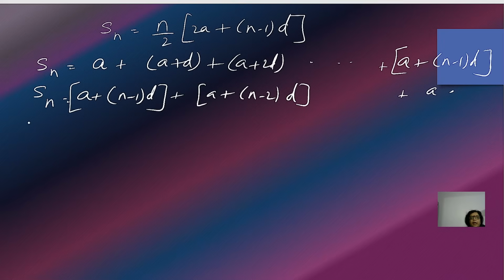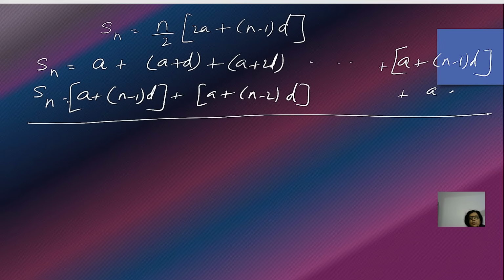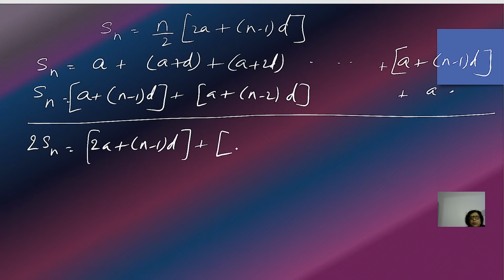So now if we add these two sequences term-wise, we'll get here 2Sn is equal to 2a plus n minus 1 into d. I've added the first terms of both. Now the second terms of both also will give me 2a plus n minus 1 into d. And this will continue, and even the summation of the last terms of both the sequences will be 2a plus n minus 1 into d.